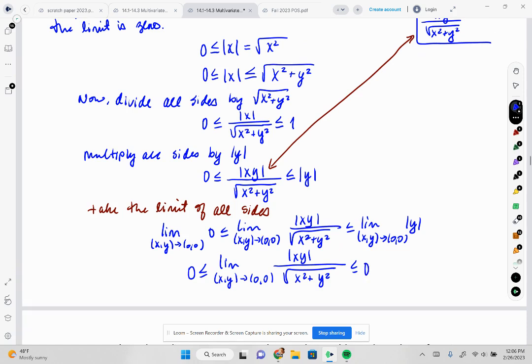And so what we have here is a limit that we don't know is sandwiched between 0 and 0. Or it's squeezed. Okay, so by the squeeze theorem, our limit is 0. And that's it. We're done with that problem.